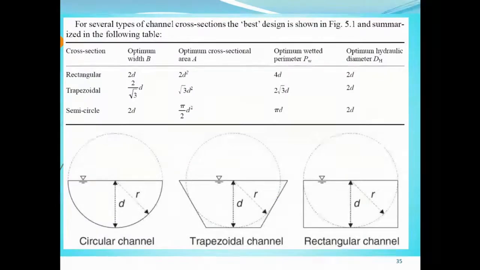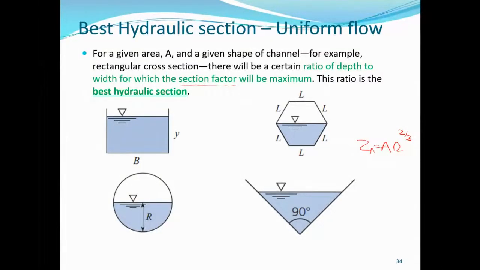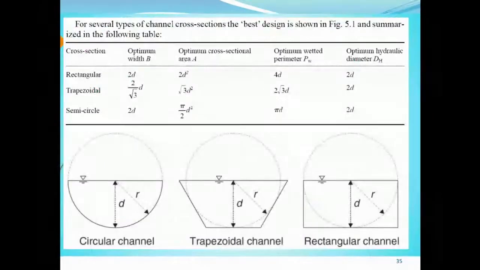We will take an example. For several types of channel cross sections, the best design is shown in this figure and summarized in the following table. Okay, you have the cross section for rectangular. The optimum width B is 2 times the depth.